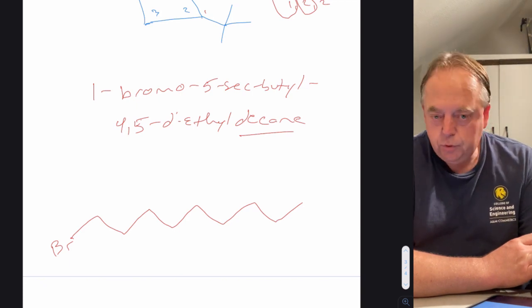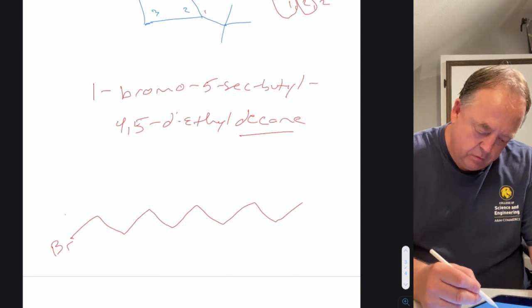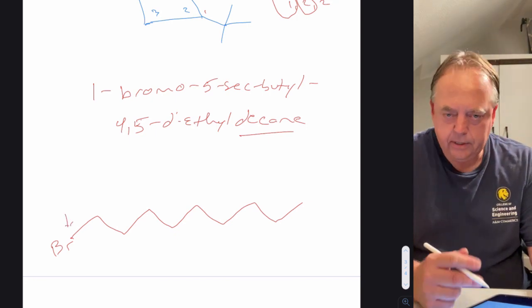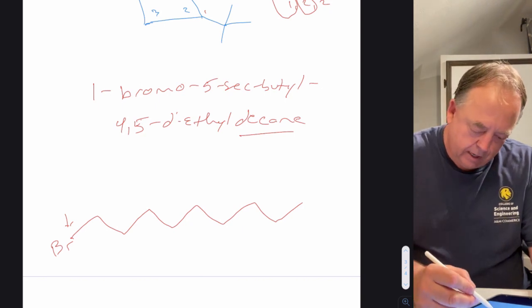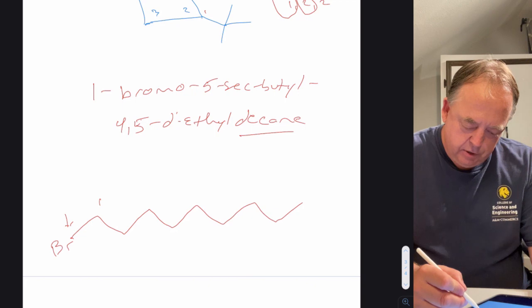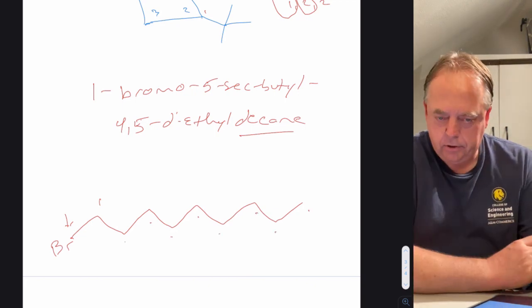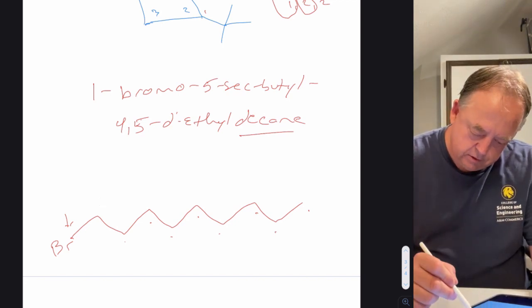And so what happens when you do that? You just lost a carbon, right? Because that carbon was supposed to be number 1, but now at the end of that line is a bromine, so that is no longer a carbon. That's the way you interpret the structure. So now this becomes carbon 1, and you have 2, 3, 4, 5, 6, 7, 8, 9. So now you only have a 9 carbon chain. So that's not what we want to do.